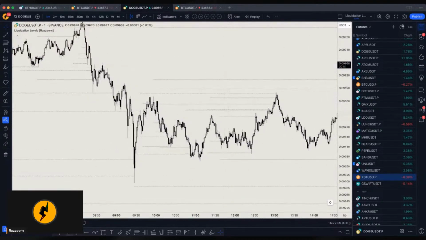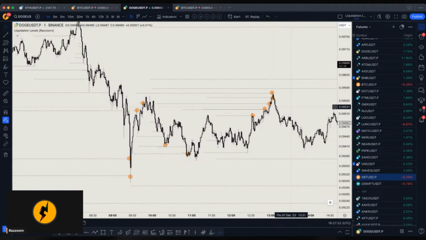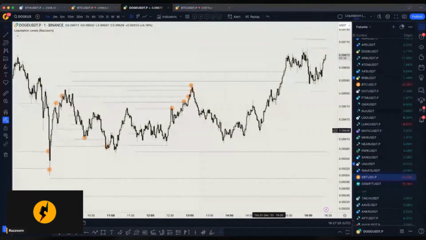You see price coming down, taking these two levels, coming up to these and these, then down. Taking out these highs, these four levels are taken out, and we go down.